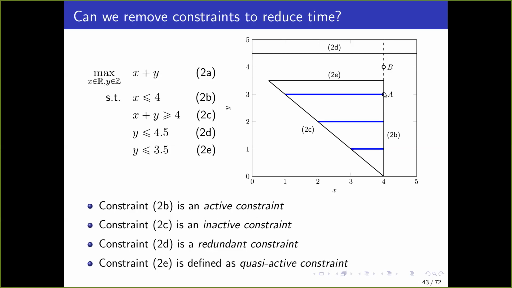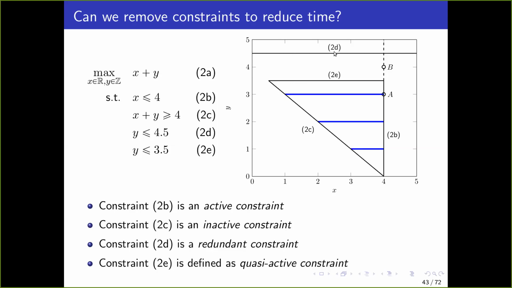Then we have an inactive constraint, 2C down here, because if you remove it, the optimum doesn't change for this particular objective function. Since we want to be as up and right as possible, removing 2C is not changing anything. But with a different objective function, that might not be the case. For this one, we can remove it, so it's an inactive constraint.